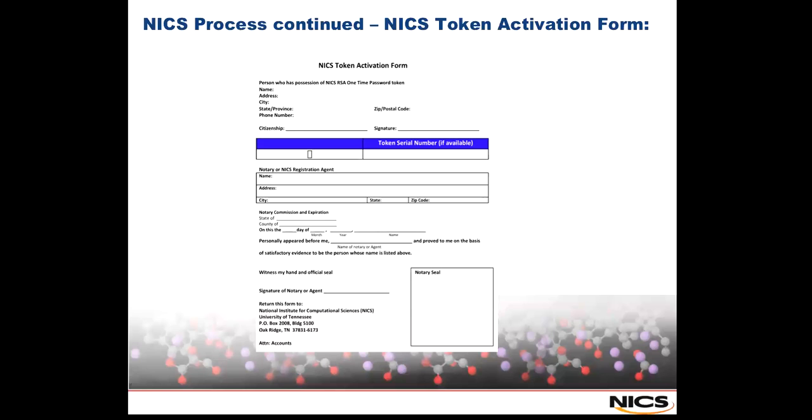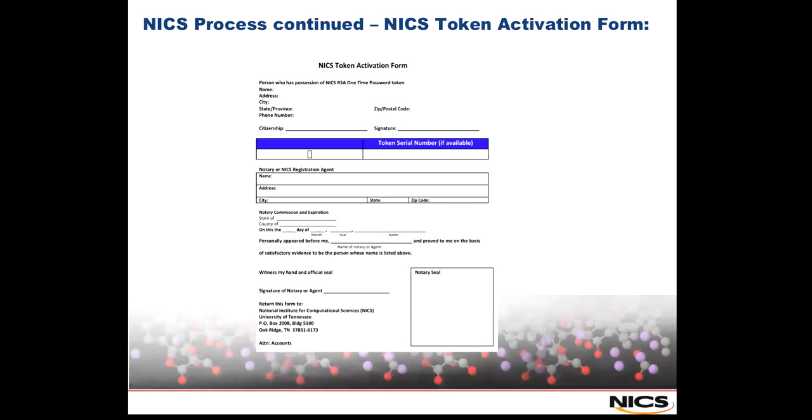Attached to your second email is also a NICS token activation form. OTP tokens are sent out disabled and will not be enabled until this form is received. This is a sample of what the form looks like, and this is our way of verifying that the person who has the token is the correct person and should be allowed access to the system.